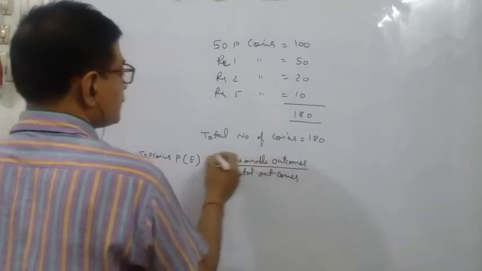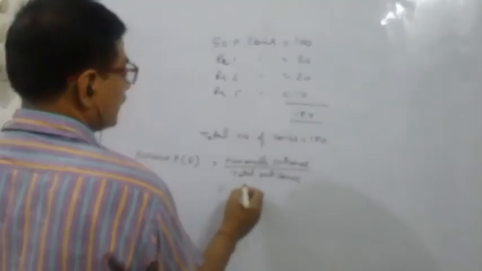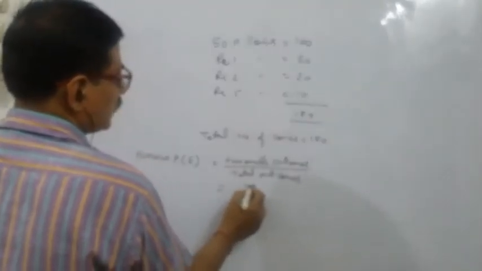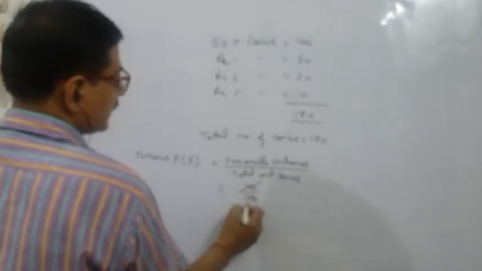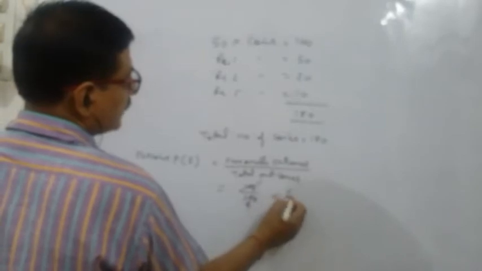The question is saying 50 paise coins, so 50 paise coins are what? 100. So 100 out of 180. That will be 2 fives are 10 and 2 nines are 18, so 5 by 9. Your answer will be 5 by 9.